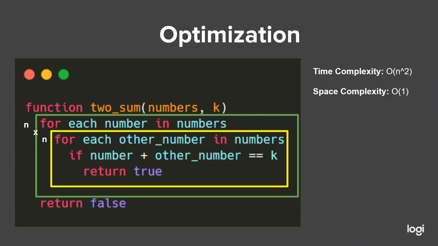If you look at the inner loop, if we were able to reduce this inner loop to a more efficient process, then we could make our algorithm more efficient. And in that is the assumption that we have to go through the list at least once. So it's going to be at least a linear algorithm, an algorithm with linear time complexity.